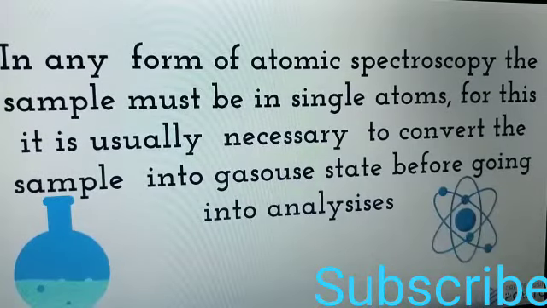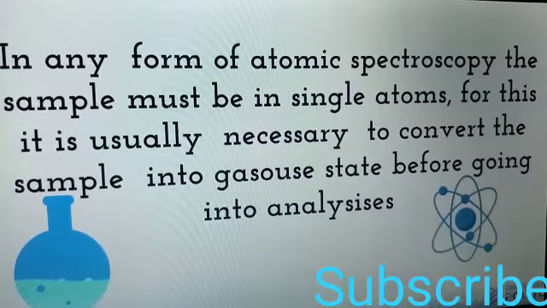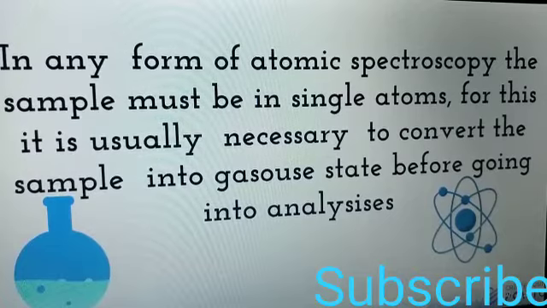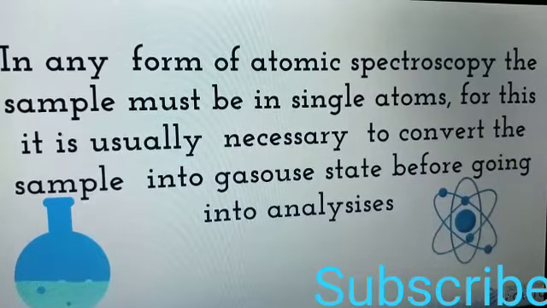In any form of atomic spectroscopy, the sample must be in single atoms. For this, it is usually necessary to convert the sample into gaseous state before going into analysis.